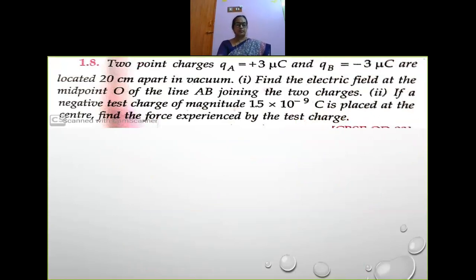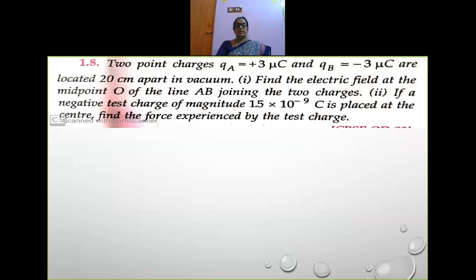Right? So, the next problem is, let us take 2 point charges. So what are the 2 point charges? QA is 3 into 10 power minus 6. Again it is microcoulomb here.